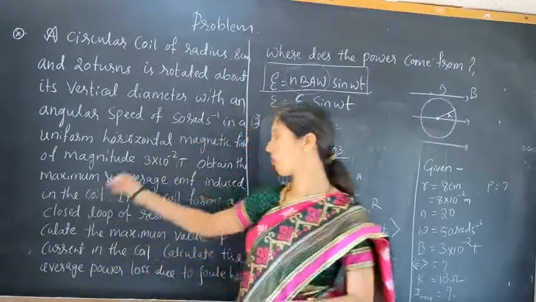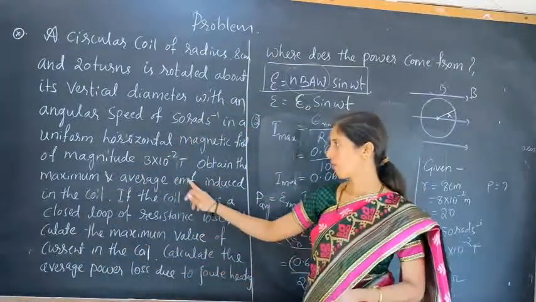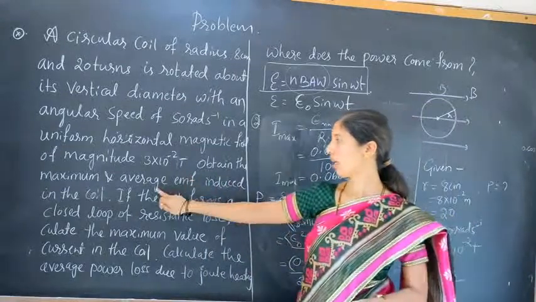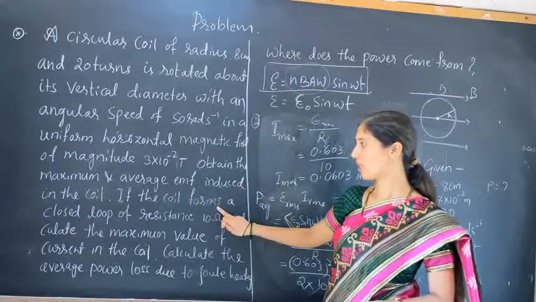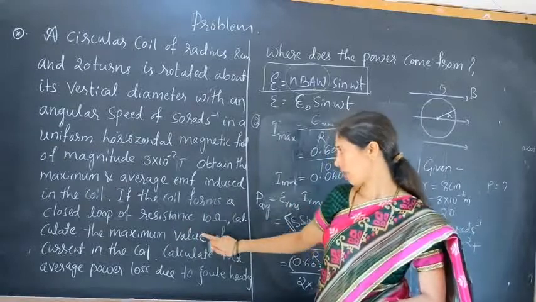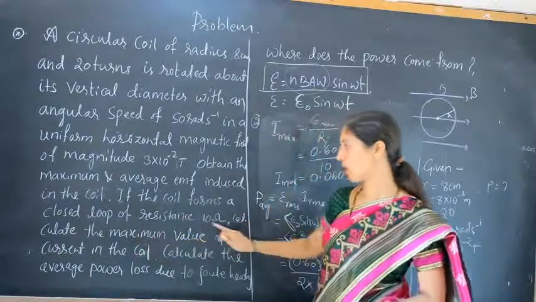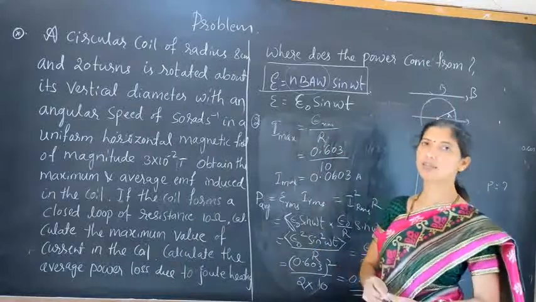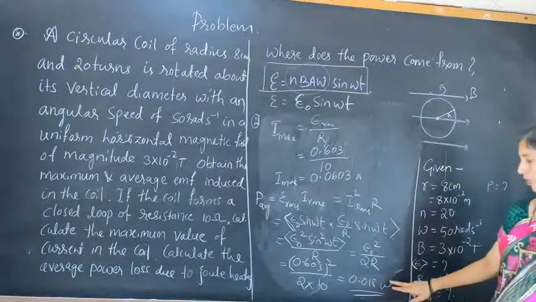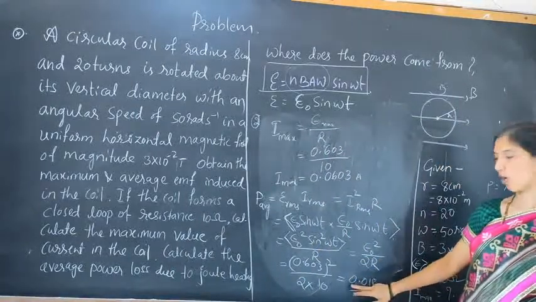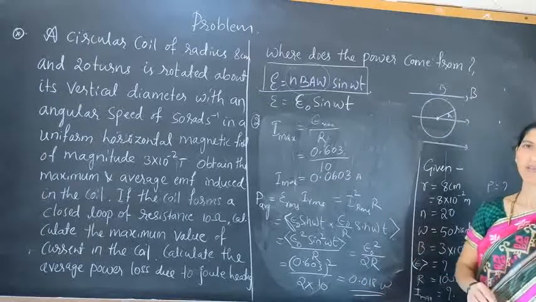So these three parts are over now. First part is the calculation of the average EMF. Next is the calculation of the maximum value of the current, and the third part is the average power loss. The power loss is 0.018 watt.